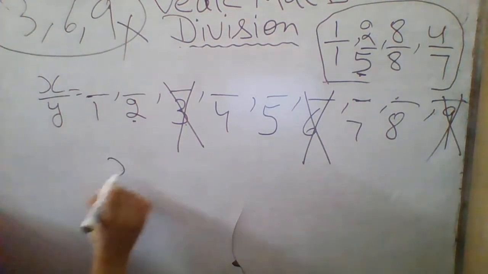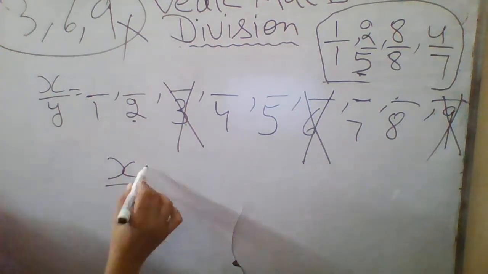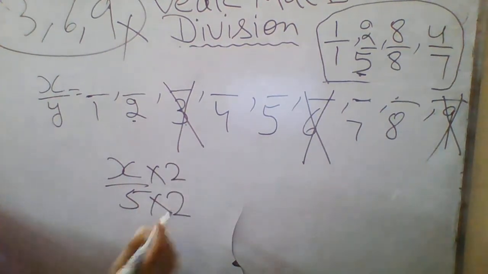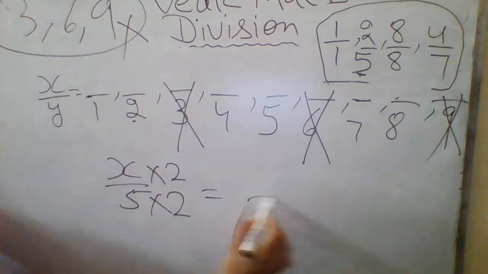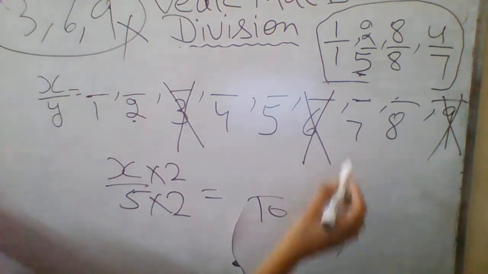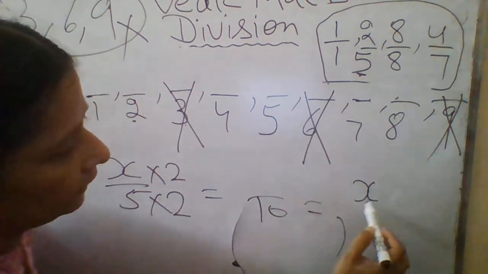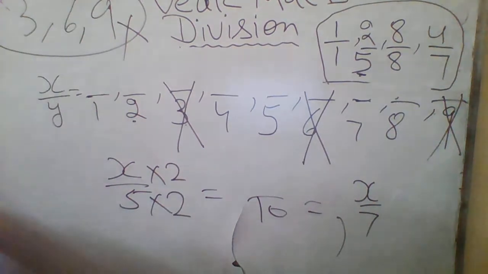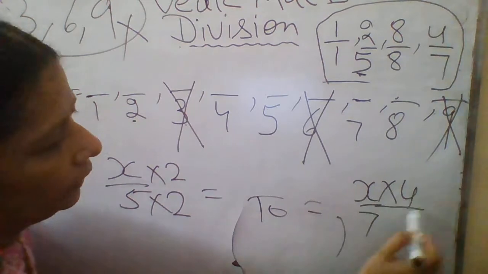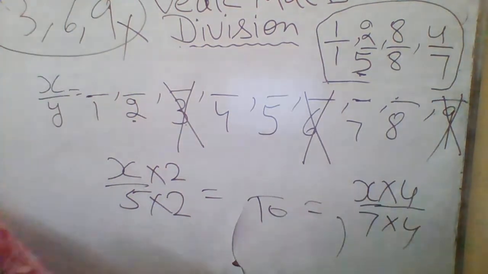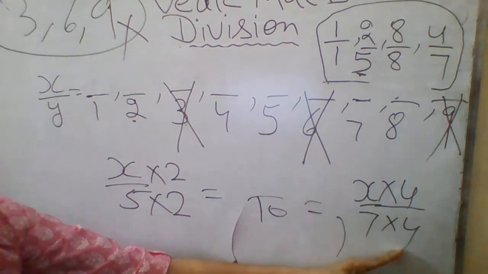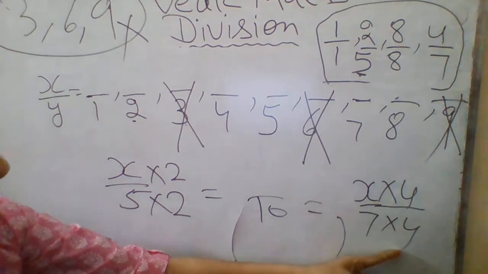Now see, x upon 5. I told you, you multiply here by 2, so here also 5 2s are 10, so this will be 1. Now in the next example, x upon 7, if you have got 7, you will multiply it by 4 in numerator and denominator. So what will you get? 7 4s are 28, 28 is equal to 2 plus 8, which is equal to 10, so 10 is equal to 1.